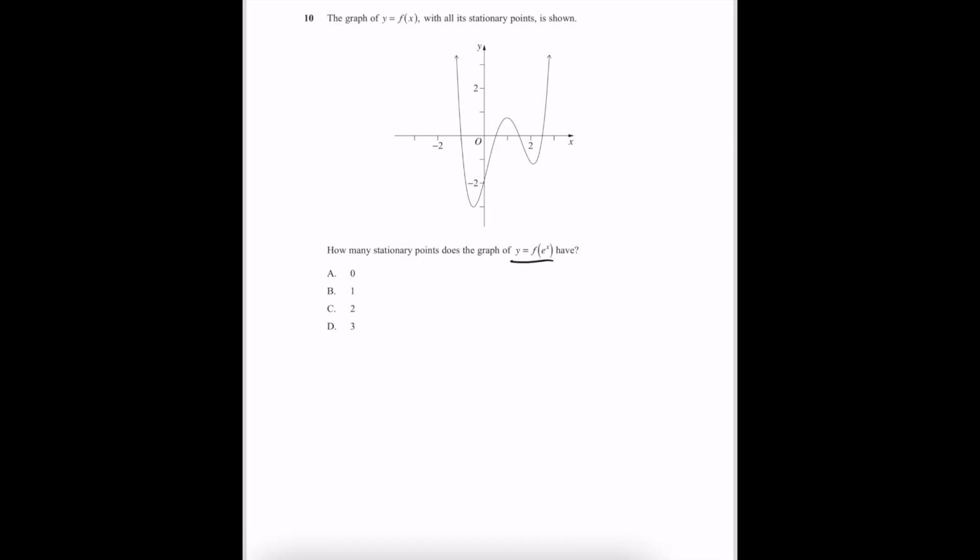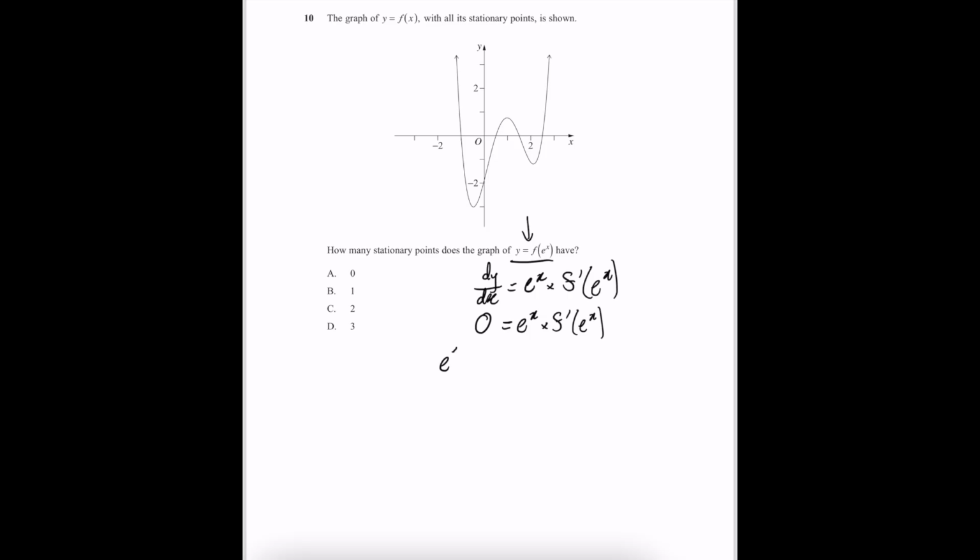And the gradient function of this, if we actually just derive this, dy dx, we get e to the x times f dash of e to the x. And that's just using chain rule. And the stationary points occur when dy dx equals 0, when that gradient function is equal to 0. So 0 equals e to the x times f dash e to the x.